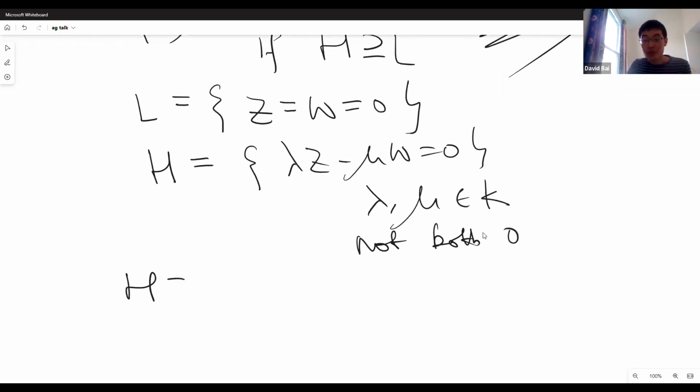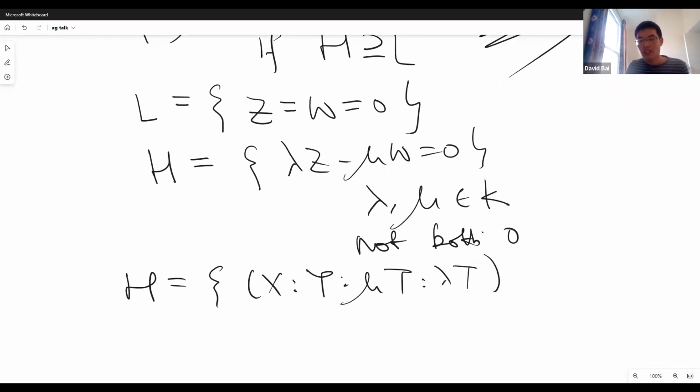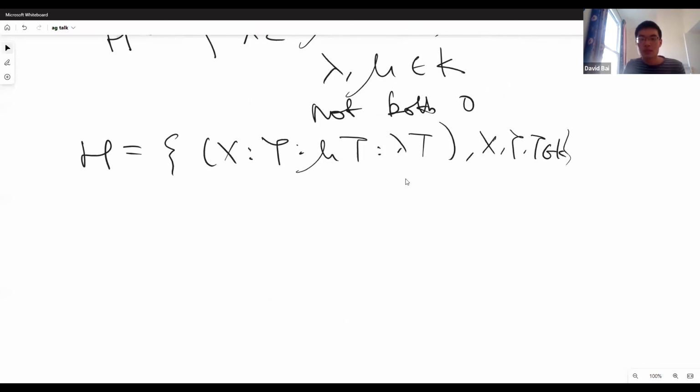So H, in terms of coordinates, is essentially (x, y, t) mapped to (x, y, mu t, lambda t), where x, y, t are in K. A plane in projective space is just a projective plane, and x, y, t here is essentially the coordinate you have on this particular projective plane.